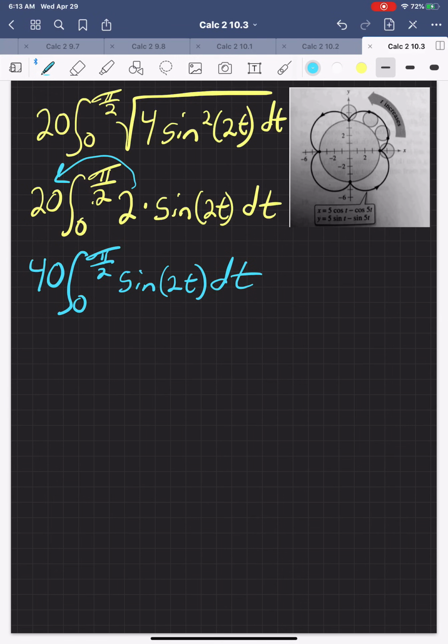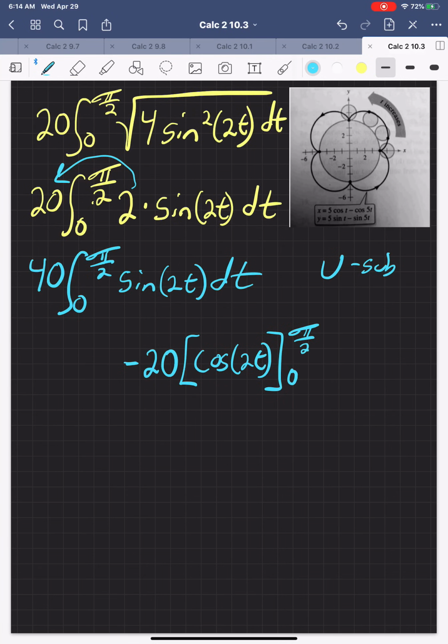You can walk through the rest of this, and then the integral, so that you would end up with negative 20, so you just use u substitution at this point. Negative 20 cosine of 2t, which you have to go from 0 to pi over 2.